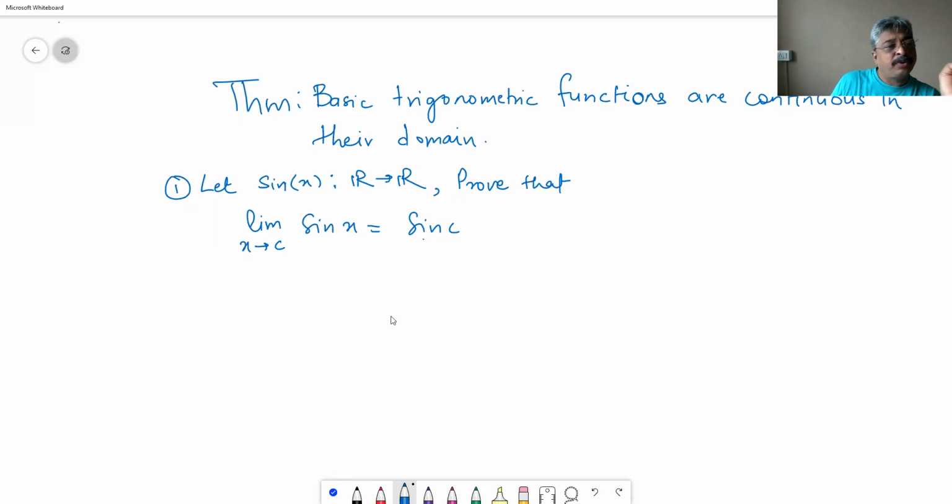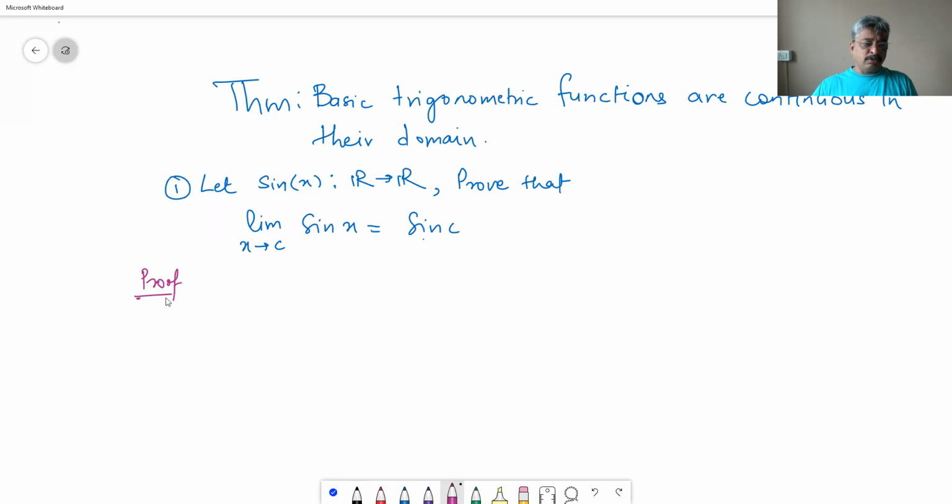Last lecture we did it for polynomial functions and rational functions, and today we are doing it for trigonometric functions. So what is the limit of sin x as x tends to c? We are supposed to prove it is sin c. We will go ahead exactly the way we were doing proofs.